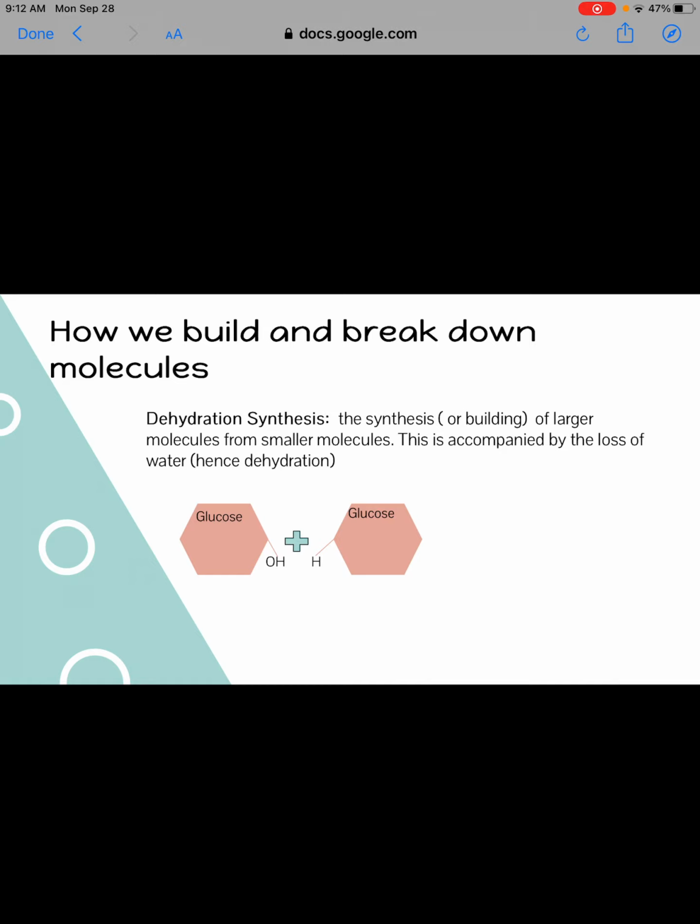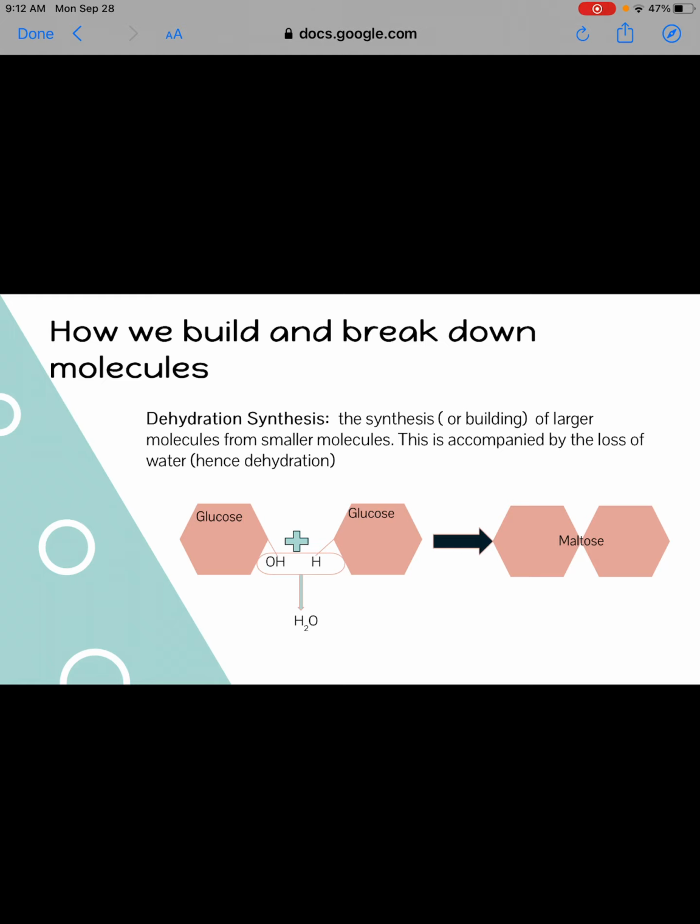What's happening here is I have two examples of glucose molecules, and on them they have a hydroxide, the OH, and a hydrogen, the H. Those two are going to combine to become water, H2O. When they do, they create a reaction that causes those two molecules to come together to make a new compound called maltose.